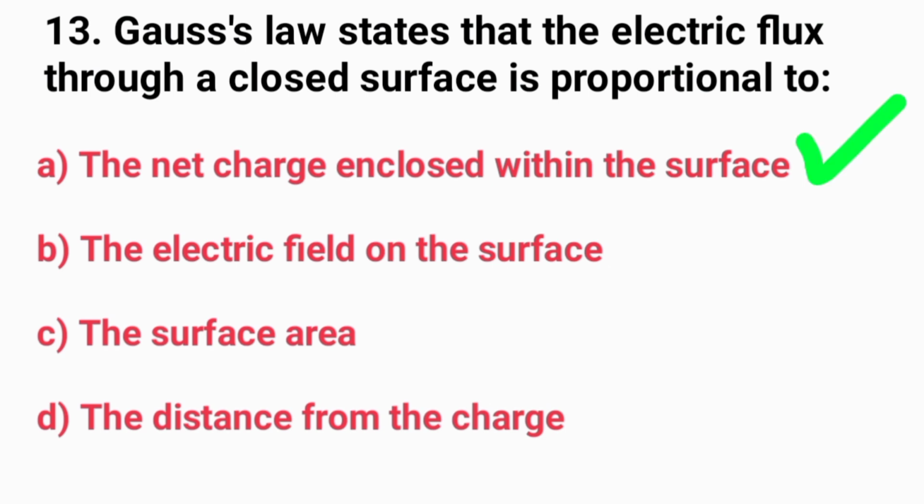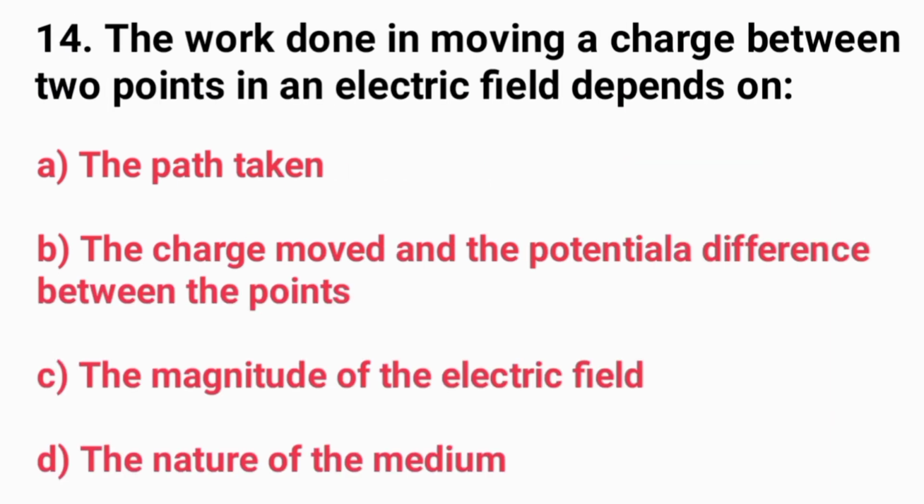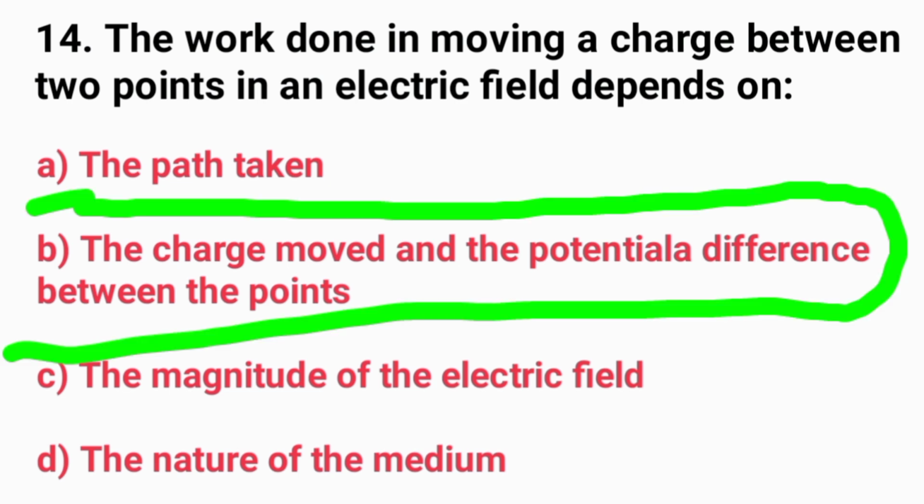The correct answer is option A, the net charge enclosed within the surface. Question number 14. The work done in moving a charge between 2 points in an electric field depends on. The correct answer is option B, the charge moved and the potential difference between the points.